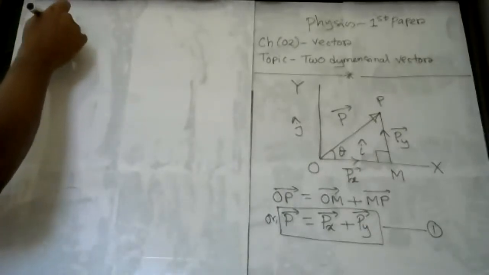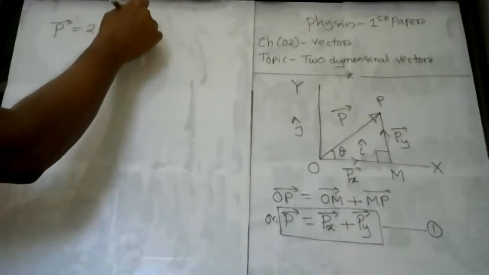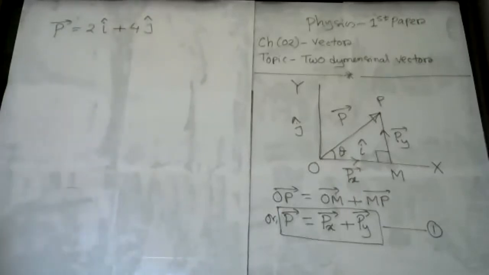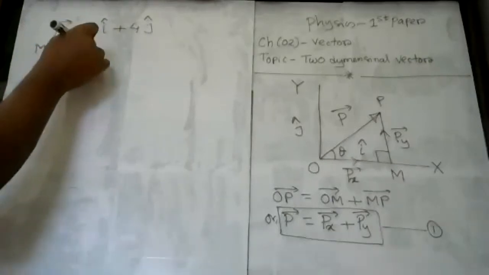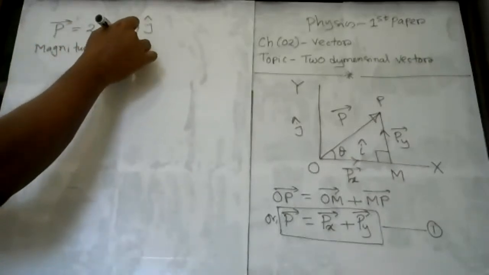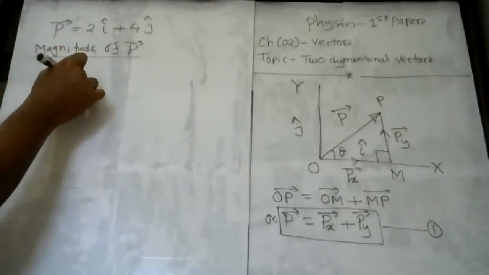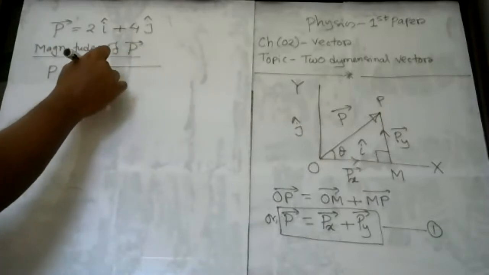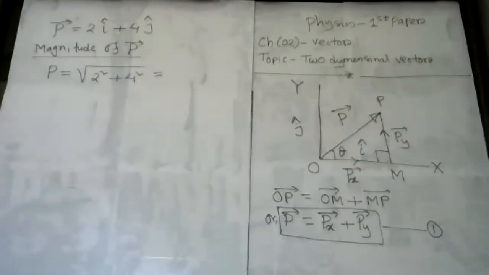Suppose vector p equal to 2i hat plus 4j hat. At first, I'm going to find out the magnitude of p. So, my dear student, the magnitude of p will equal to root over 2 square plus 4 square, because 2 is the x component and 4 is the y component.